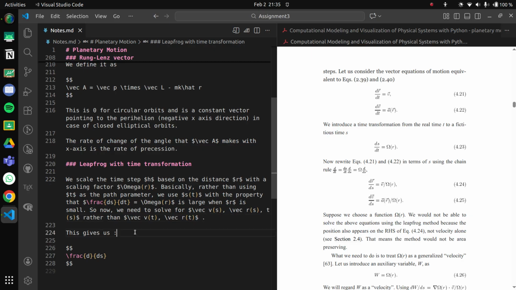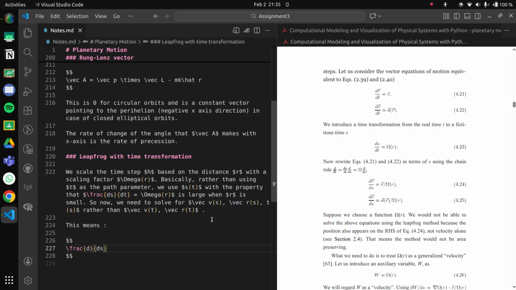Okay, this gives us, this requires us to solve, or this means, so now our differential equations basically become d by ds of vector, let's say r, that's equal to the velocity vector, but then you have d by ds and not d by dt, right? So basically like you could do a kind of fraction stuff, yeah, and then multiply by ds by dt, so just using the chain rule.